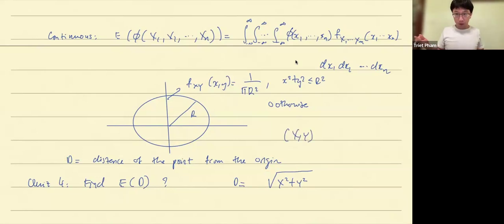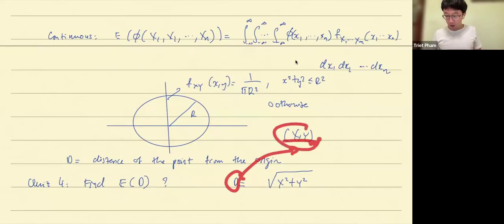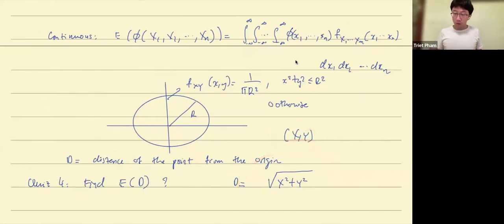So D is a random variable. And notice also, in a sense, you are making a one-dimensional random variable out of a two-dimensional random variable, or a joint distribution. Of course, there are many ways to do that.